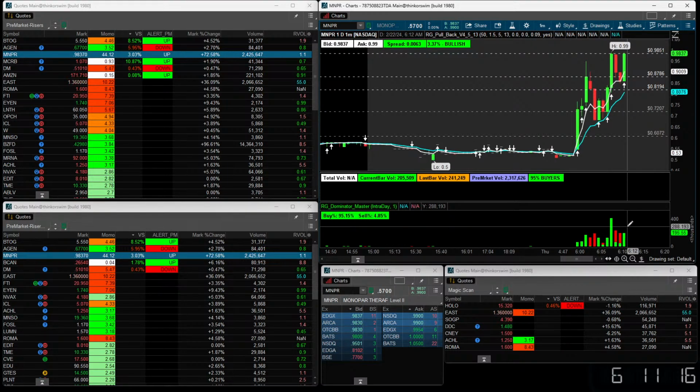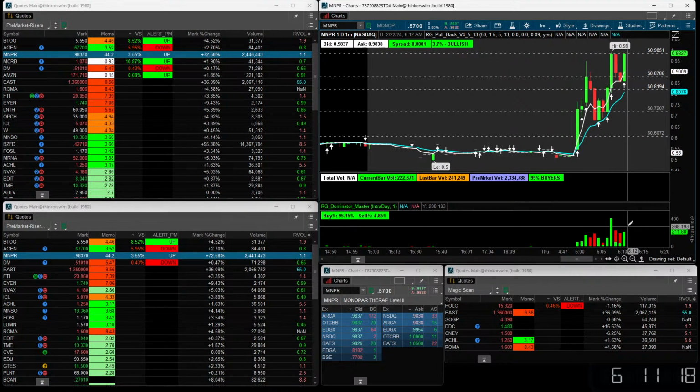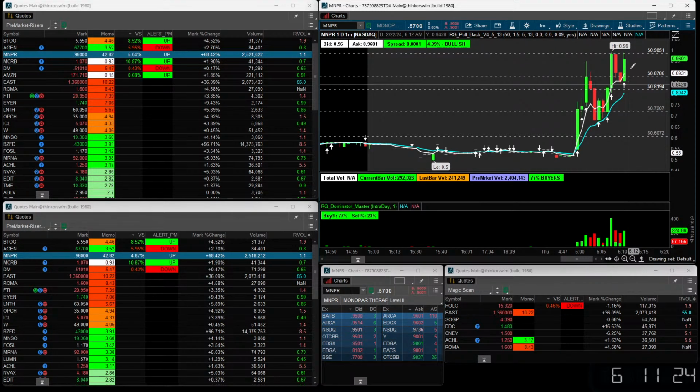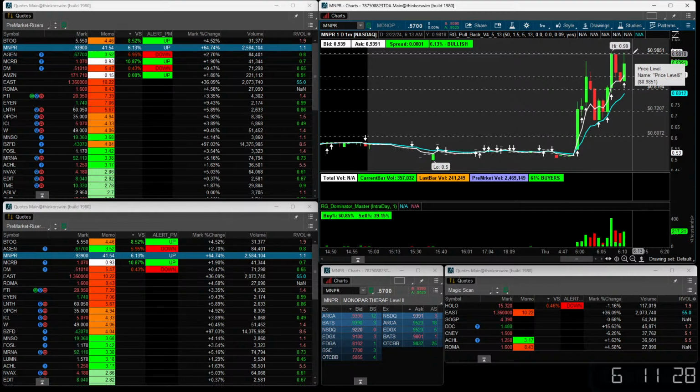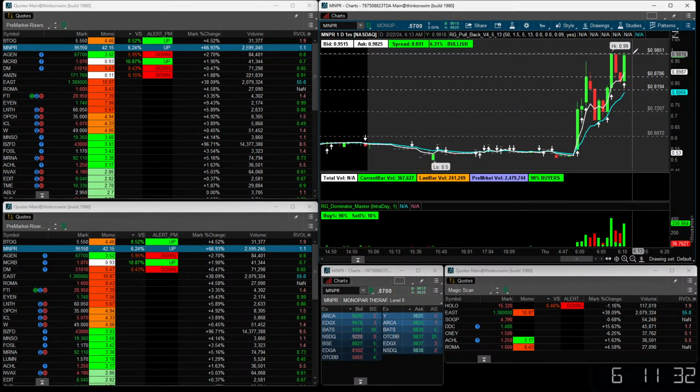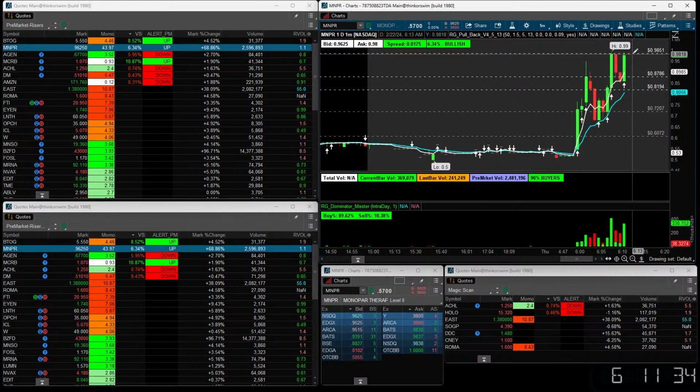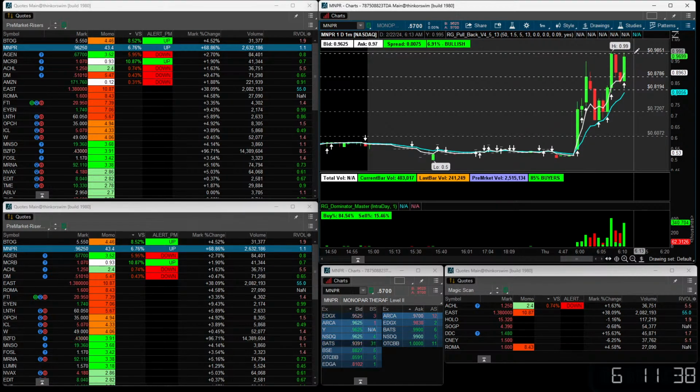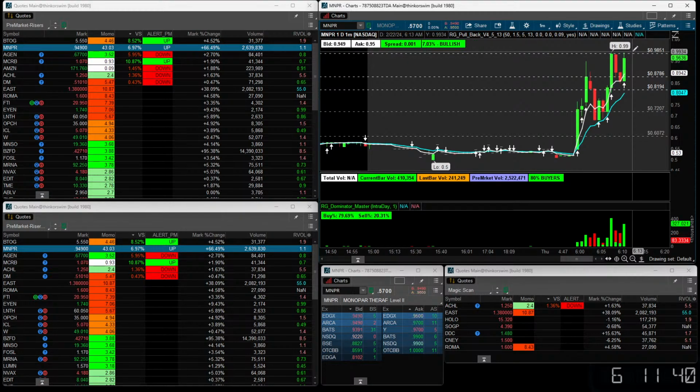Now it's getting bigger and bigger. Right back up to the resistance level. And always start taking profit. Lock in some of it. You don't have to hold on to all of it.